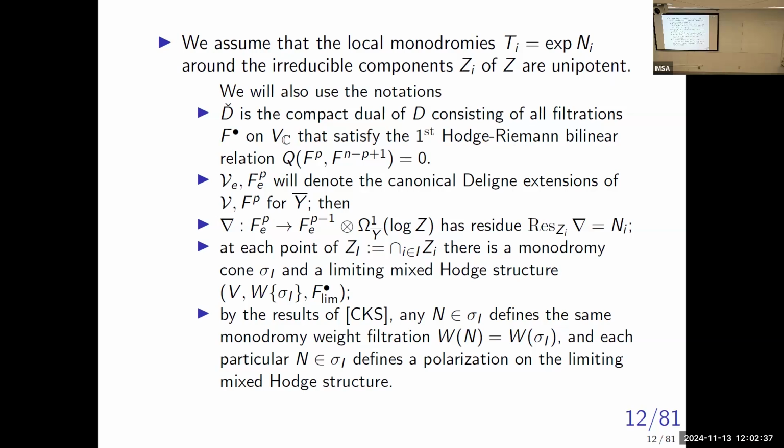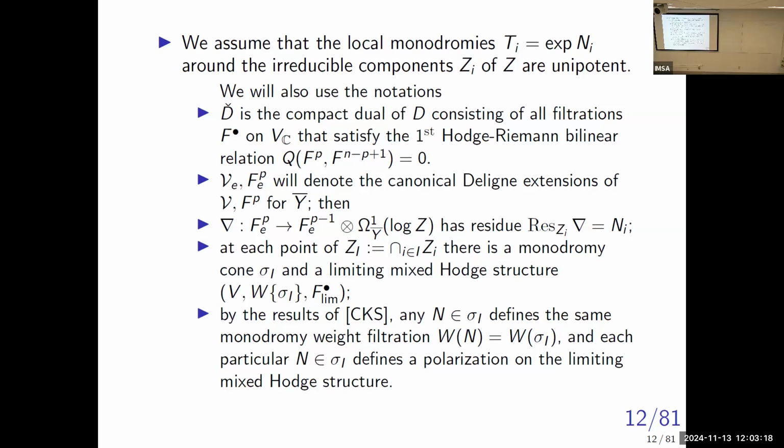So more specifically, the Gauss-Manin connection goes from the Hodge filtration to 1-forms with log poles, and you can take the residue of the Gauss-Manin connection as you go around, and that's the monodromy. If you have an intersection of components at infinity, then there's a monodromy cone, and I'll talk about that later.